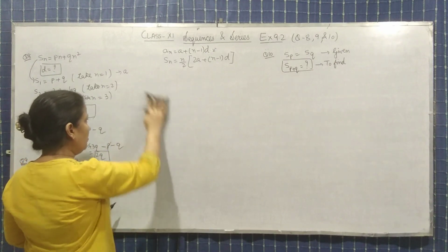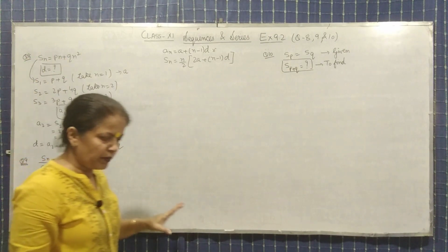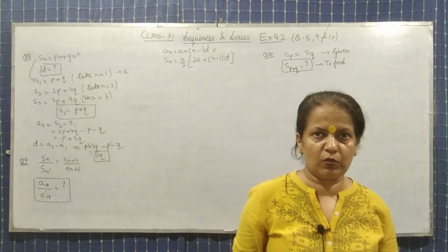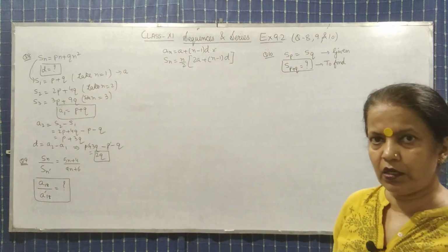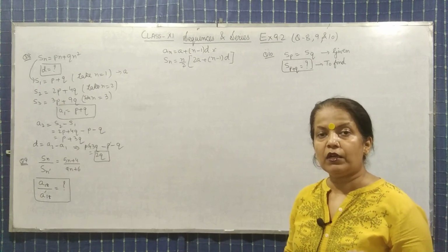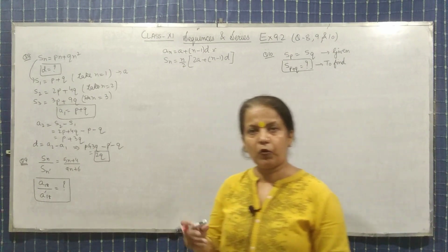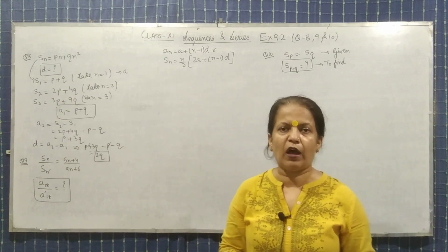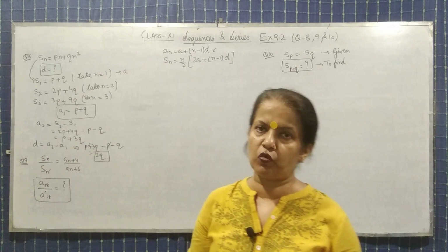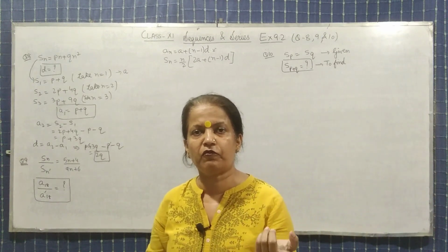So if the sum of the nth term is given and you have to find out the common difference, then find S1 and S2. S1 and the first term will be the same, and to find out the common difference, you have to find A2. And how will you find out A2? S2 minus S1, the sum of the first two terms minus the first term.